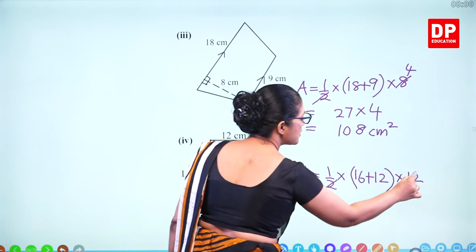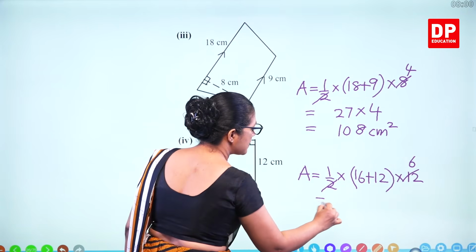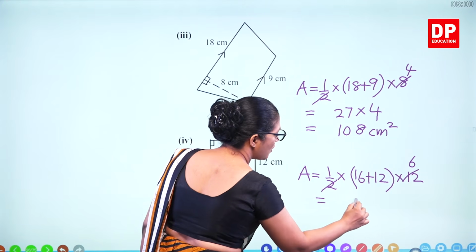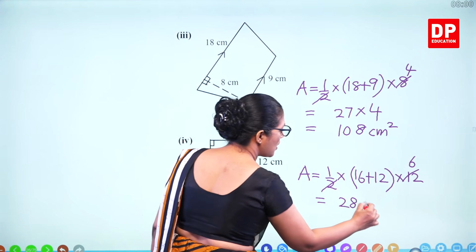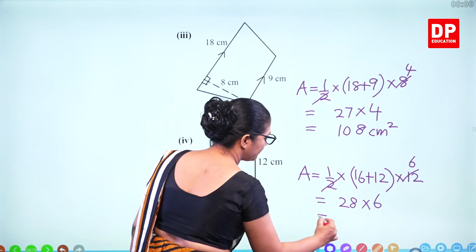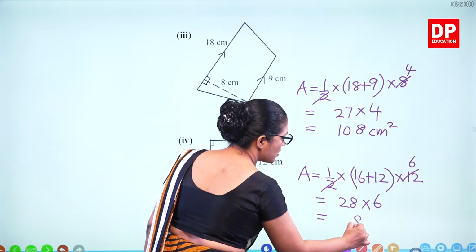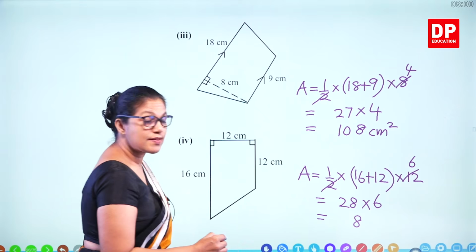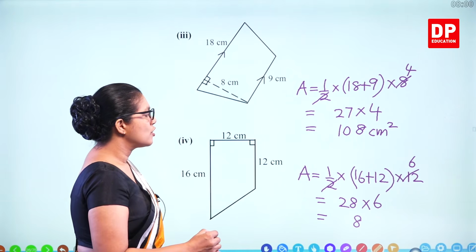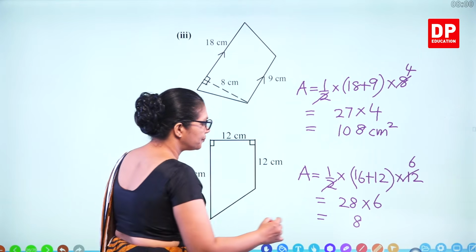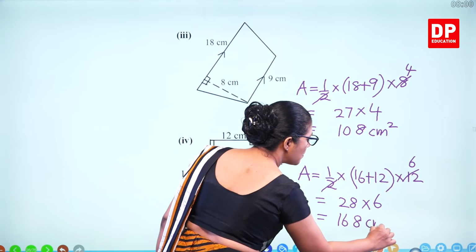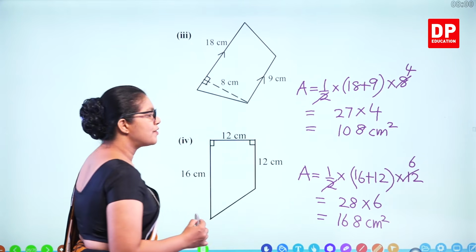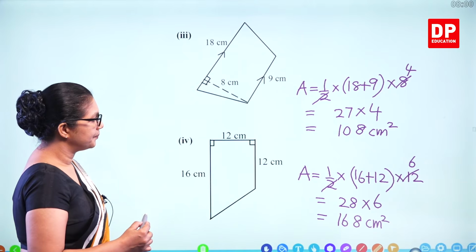So 2 times 6 here. 16 plus 12, you get 28. 28 times 6. 8 times 6, 48. 4 remaining. 6 times 2, 12. 12 plus 4, 16. So 168 square centimeters is the area of this trapezium.